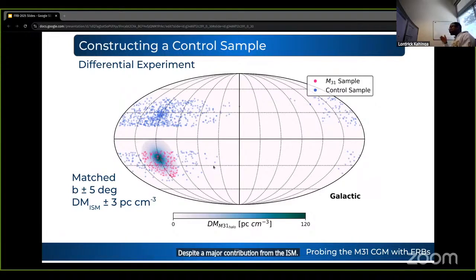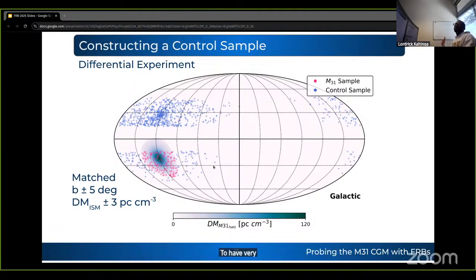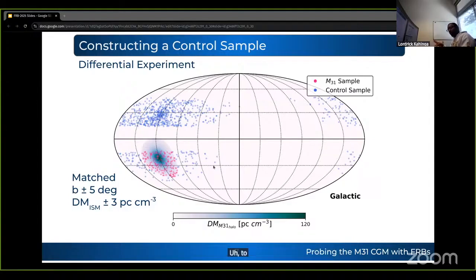The main reason we're doing this is to have very similar distributions in terms of Milky Way contributions, such that when you measure any M31 contribution, it should be attributed to just the M31 halo itself, and not some discrepancy between the Milky Way contributions of the two samples. So that's the whole motivation behind making a control sample.